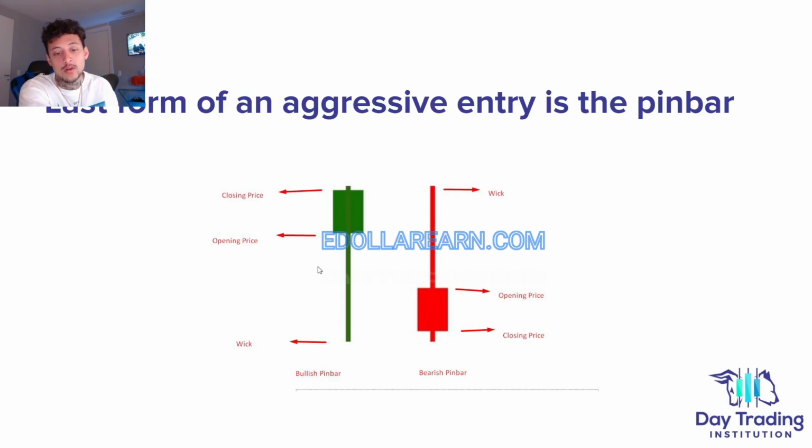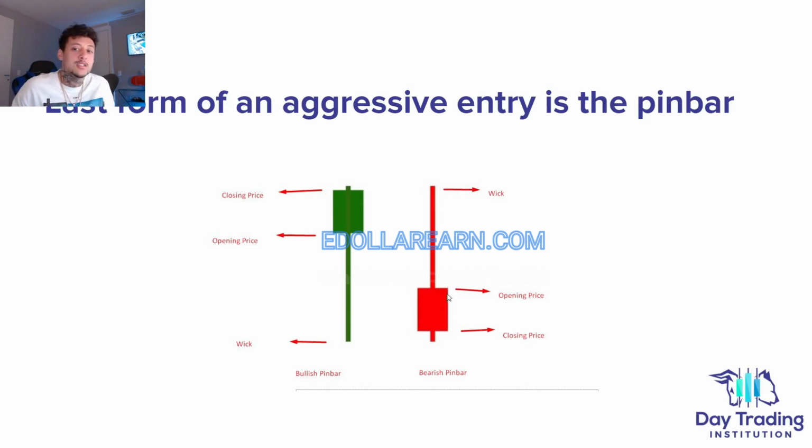This is another form of an aggressive entry candle, which is going to be our bullish and our bearish pin bar, right? So this is kind of what they look like. The bullish pin bar, we're going to look to actually buy at levels of support, and the bearish pin bar, we're going to look to sell at levels of resistance.